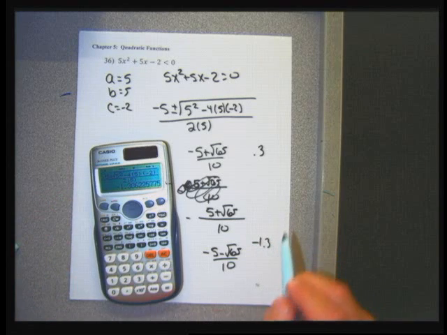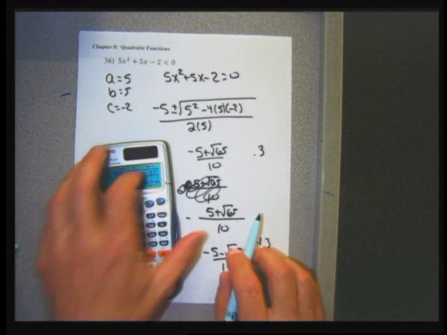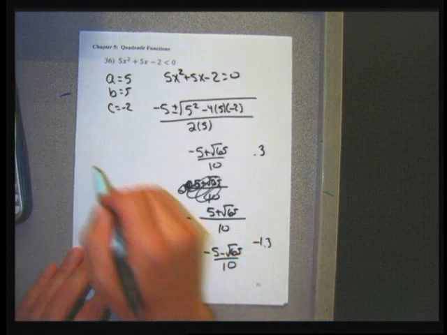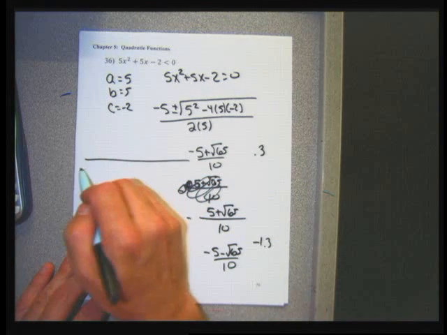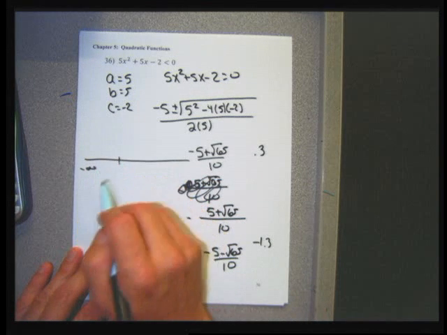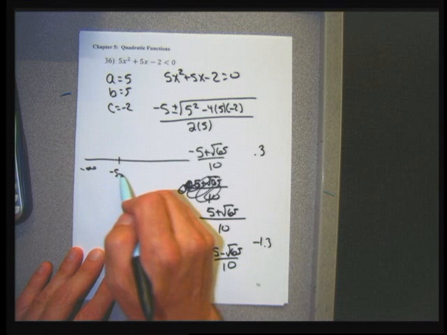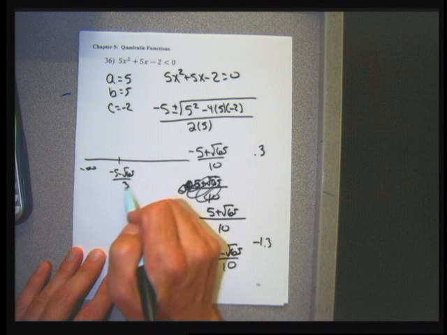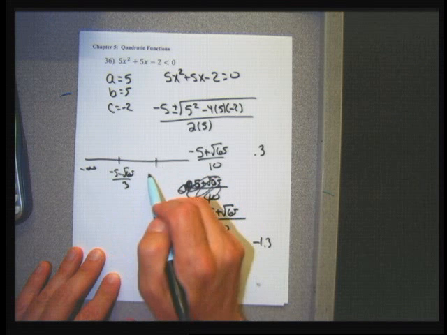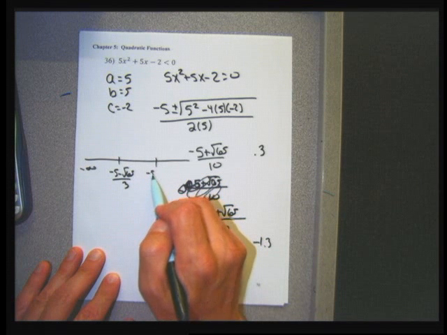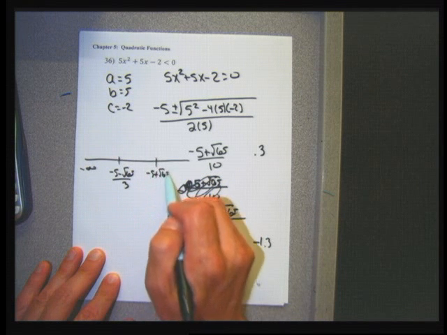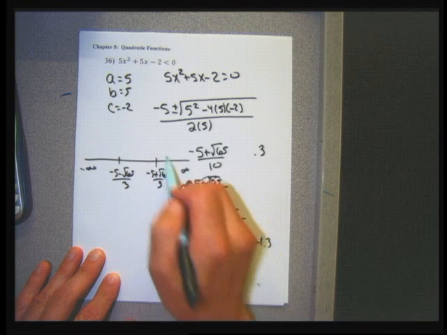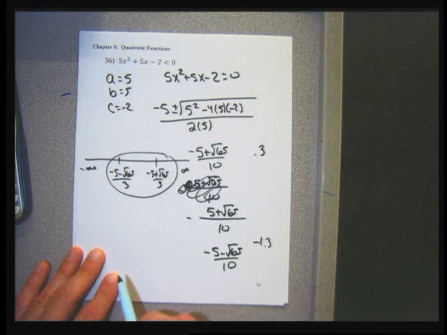I'm going to roll the dice and just bang on the middle interval. My intervals would have the negative infinity and then the negative 5 minus the square root of 65 over 3, and then the negative 5 plus the square root of 65 over 3. Then we'd have the infinity. I'm going to gamble, not make the whole table.